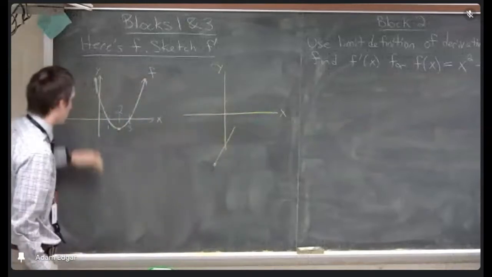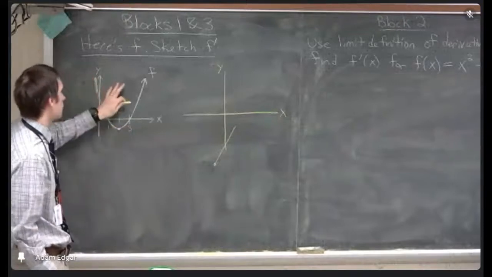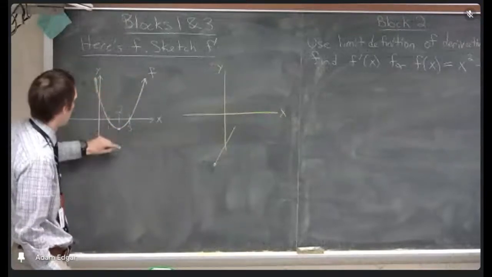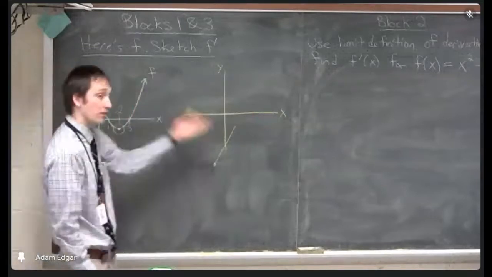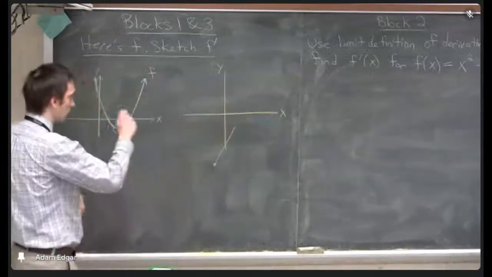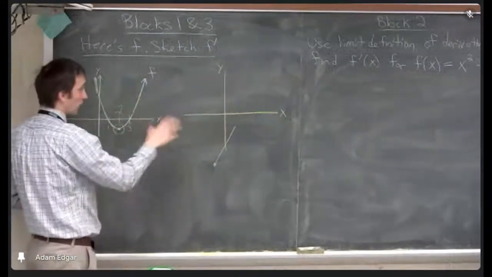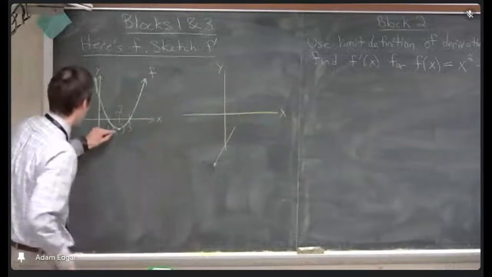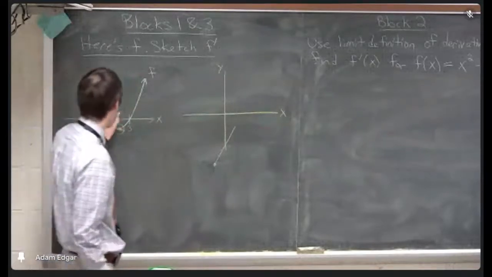Then, things to watch out for are places where the curve of f is flat. Because where the curve of f is flat, that's a place where the derivative is 0, and that can give you milestones, say. That's a place where the derivative is going to be on the x-axis. Right here, where the curve is flat, that's a slope of 0, and that happens at x equals 2.